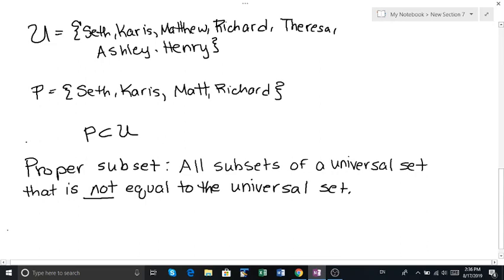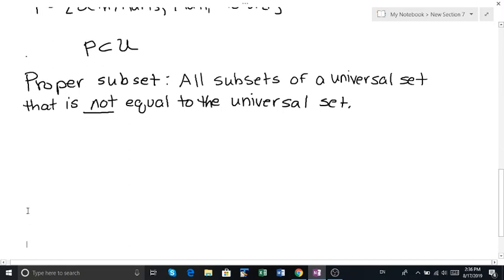So if we choose a subset that has all of the elements of the universal set, that still satisfies that definition. All right. Now there are formulas to figure out how many subsets there are in a set and how many proper subsets there are in a set. So I'm going to go ahead and scroll down here and give you those formulas.